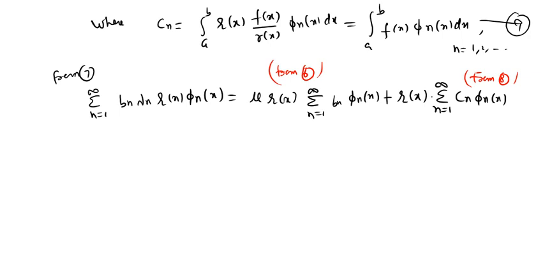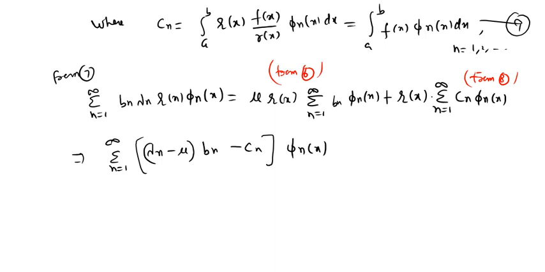So collecting the terms on both sides, you can see that phi n(x) and the summation are common on both sides. So I am writing the sum from n equal to 1 to infinity of (lambda n minus mu) bn minus cn, combining all series terms, multiplied by phi n(x), and cancelling r(x) on both sides. So this is 0 for every x.